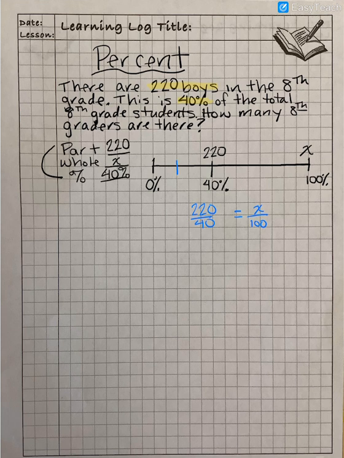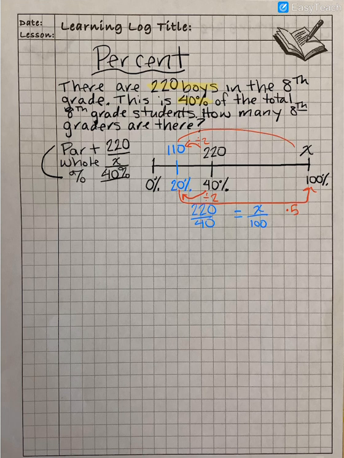I first notice that I can divide by 2. So I divided 40% by 2, and 220 by 2. And that got me to 110 is 20%. Now the great thing is I recognize immediately that I can get from 20% to 100% just by multiplying by 5.